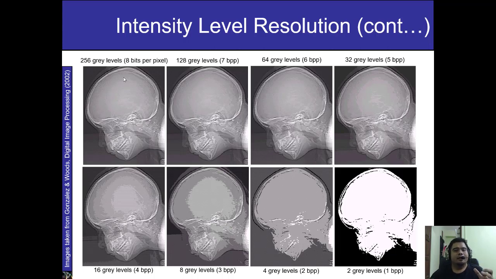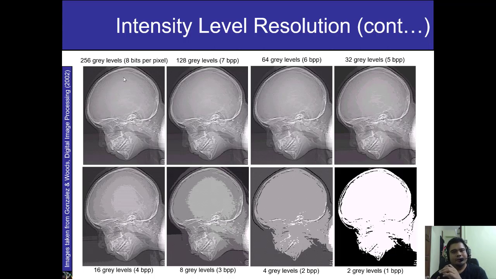So that's why by default our computers, or the digital world, always use 8 bits per pixel. Later I will discuss that in this program we still have some images with less than 8 bits, because of the purpose of doing hand calculation.